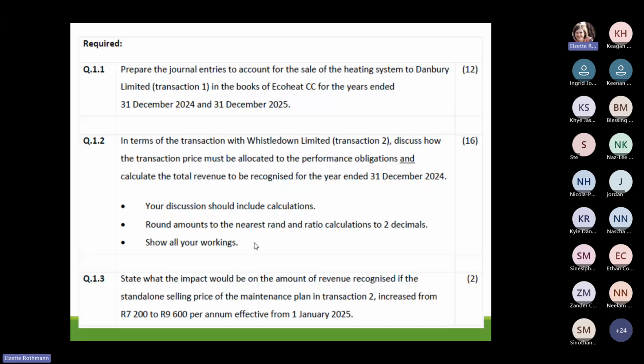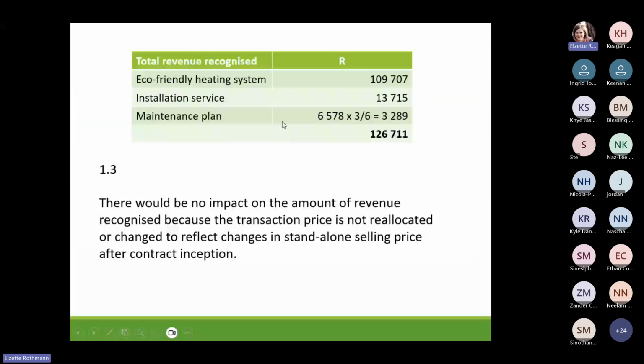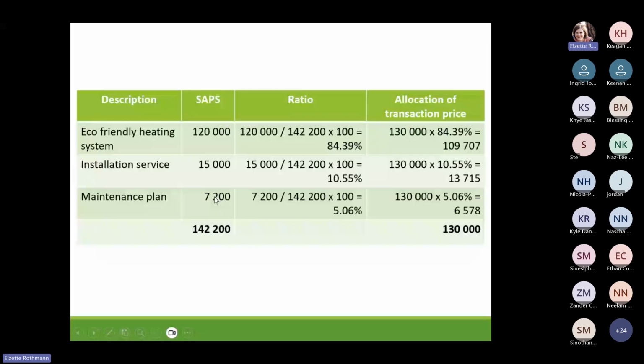If you stopped there, you're going to run to your calculations and then basically redo your maintenance plan. So then you will change this to 9,600. So your total is going to change here. The 130 will stay the same. Then you recalculate everything. Okay. And then you're going to get 0.